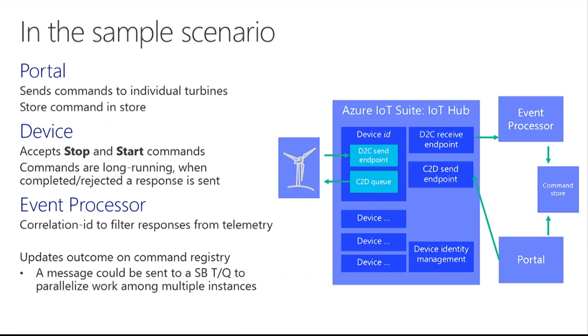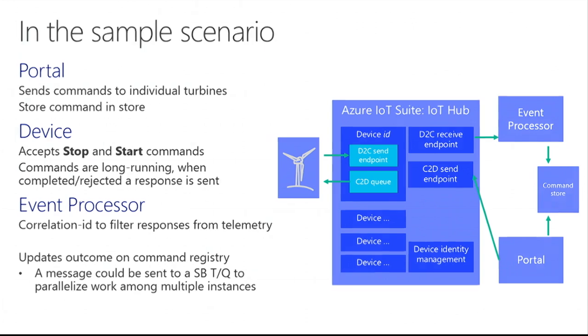Usually you want another component of your backend, in the form of a worker role or your actual device logic, handling this message, and that can happen by putting a message in the Service Bus topics or queue in order to parallelize this work at high scale.